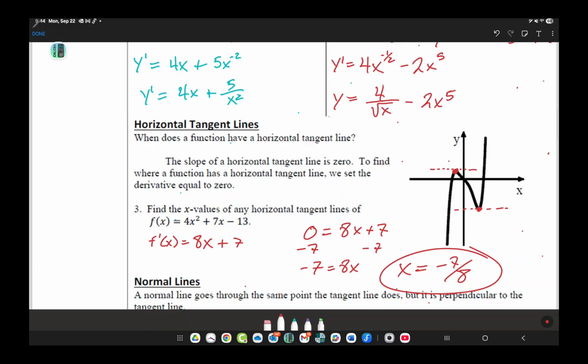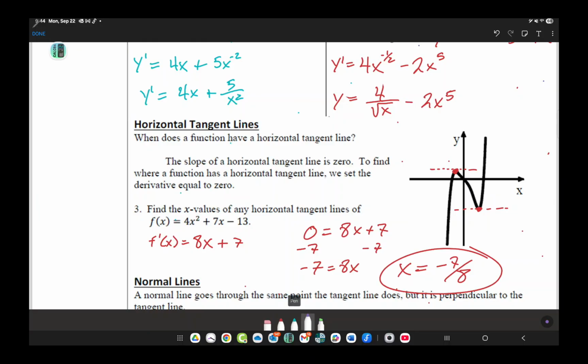Or do you remember your formula for finding vertex? Negative b over 2a. What's 2 times 4? 8. And negative b is negative 7, so negative 7 over 8. You wonder where they got that formula from, right? Yeah, it came from calculus.